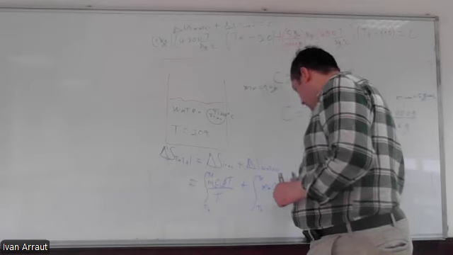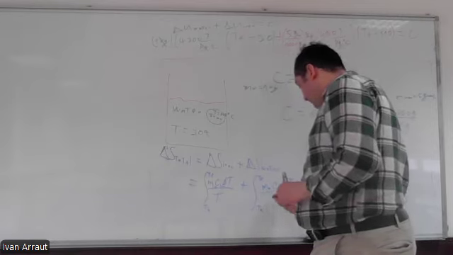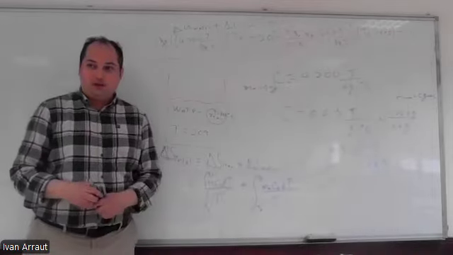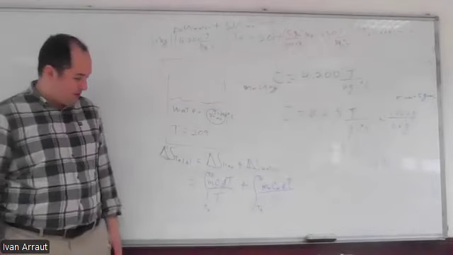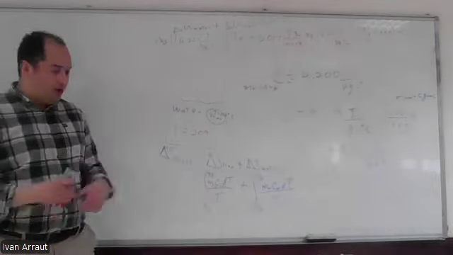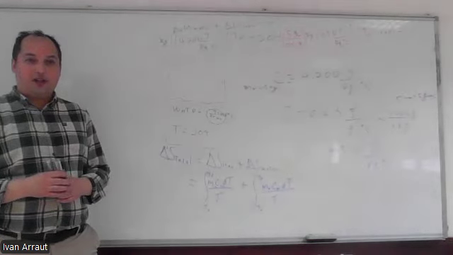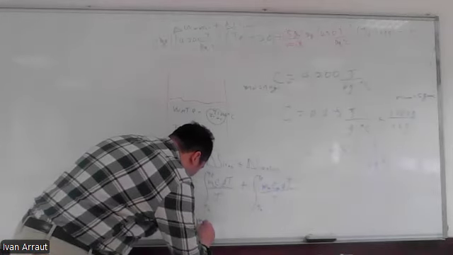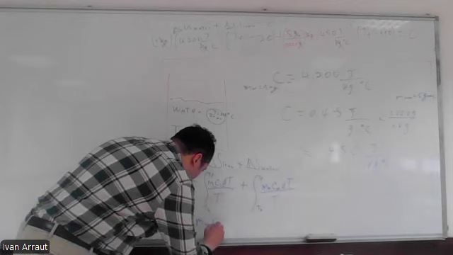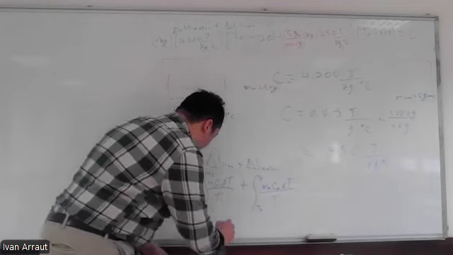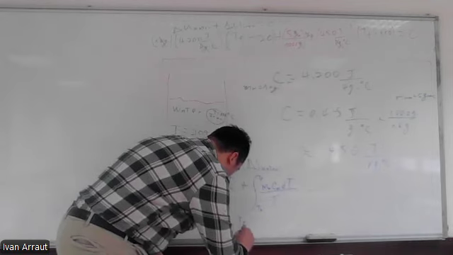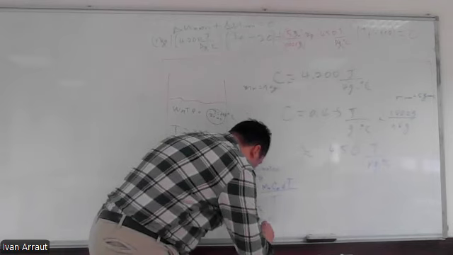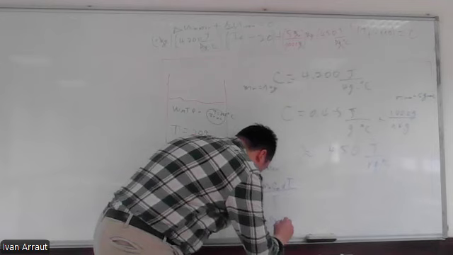Water, the dT temperature is equal to, what is the integral of this? dT divided by T, assuming C constant, this integration gives the natural logarithm. So at the end is mass of the iron, C iron, natural logarithm, final temperature divided by initial temperature, plus mass water, C water, natural logarithm.